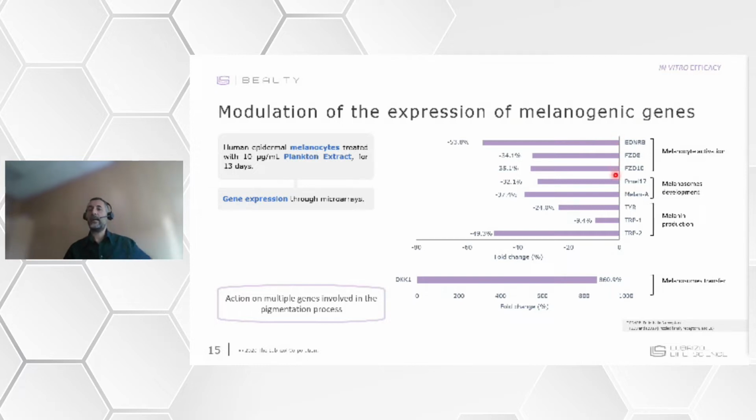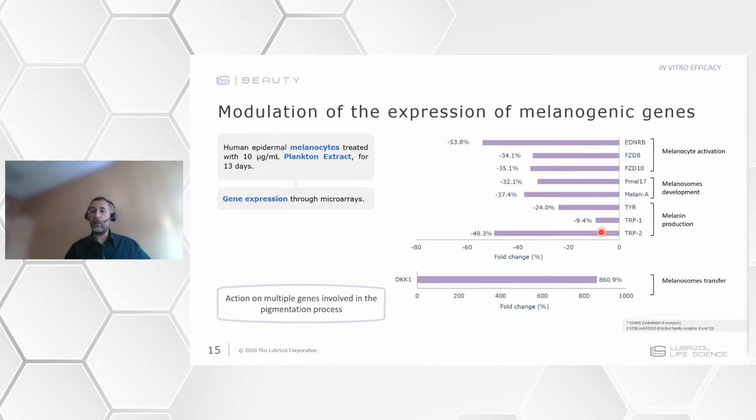On the other side, we have observed a downregulation of PMEL17 and MELAN-A, that if you remember, were directly involved with melanosome development. And also we have seen a decrease in the expression of tyrosinase and tyrosinase-related proteins 1 and 2 that are directly related with melanin production.